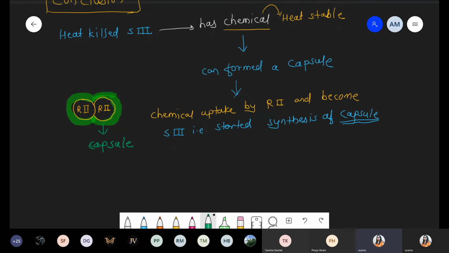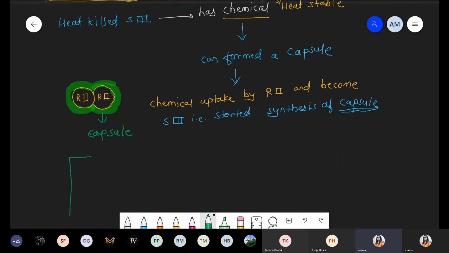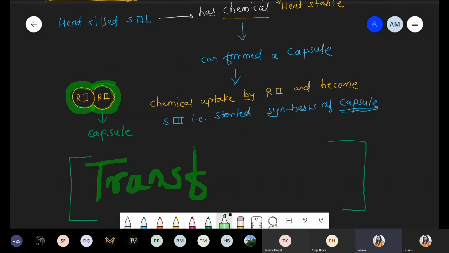It's possible because of a simple process, that is transformation. So along with the Griffith experiment, he gave the information about one technique, that is the transformation technique. I hope in biotechnology you studied this part, that is transfer of genetic material, transfer of DNA from one bacteria to another bacteria, from one cell to another cell.